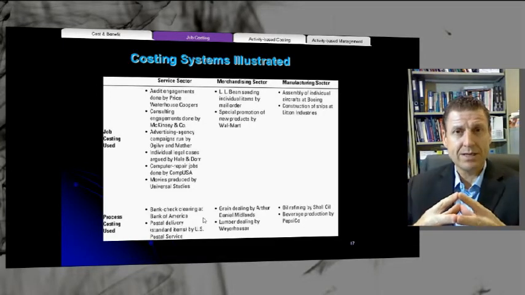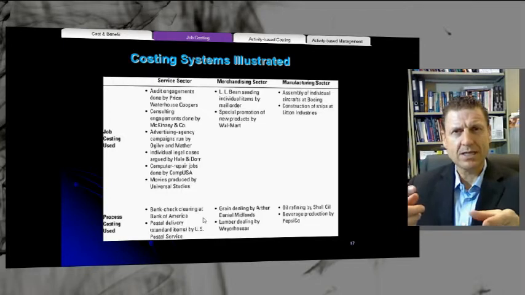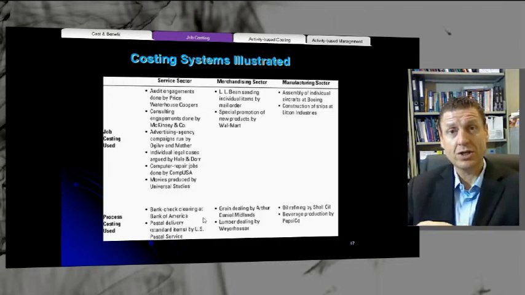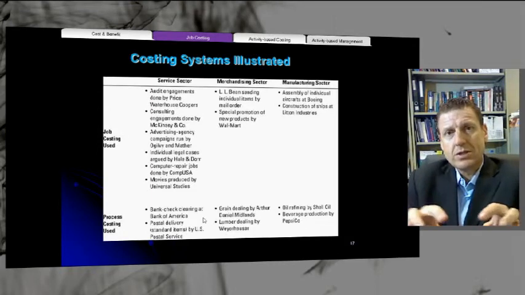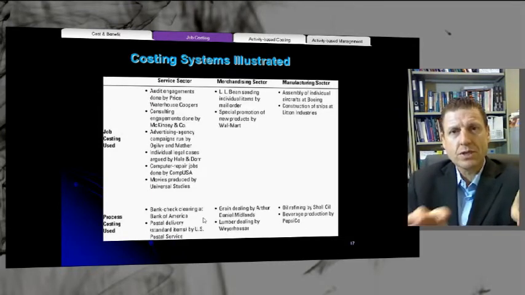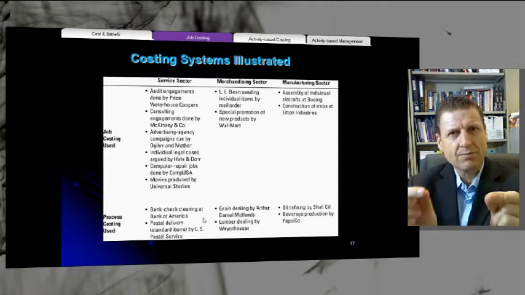These are jobs. You might think that all Boeing aircraft are the same. Well, to some extent, but they are individually customized to different airlines. Some airlines now in the Boeing 777 will have 10 seats across. There's not much room, whereas originally the configuration was 3-3-3, but now some airlines are going 3-4-3, just like a 747, but they squeeze it into a 777 airframe. That's customizing the job for a particular customer, so that's still job costing.